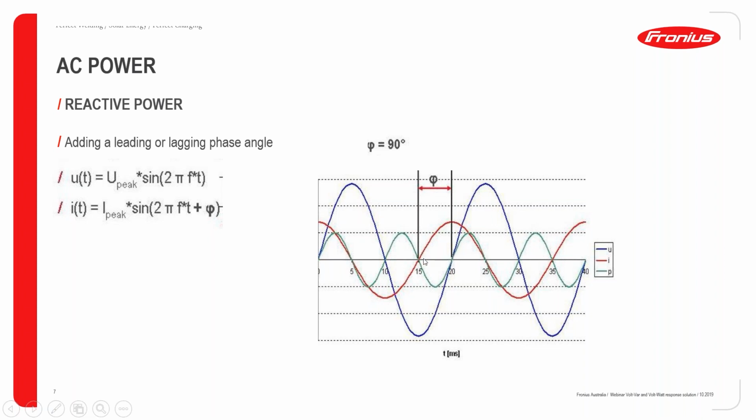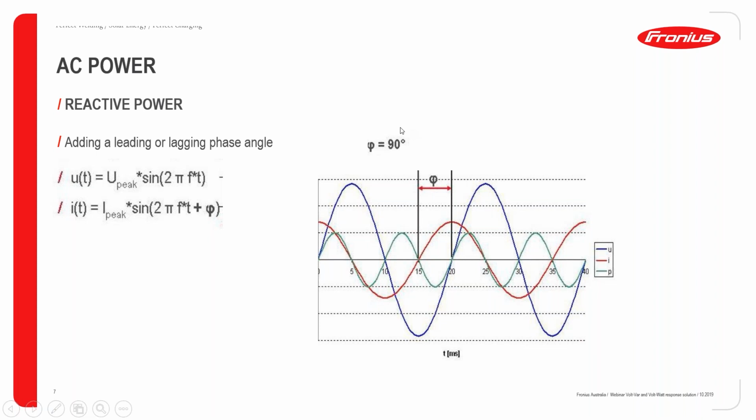As you can see, the current waveform is hitting this point before the voltage waveform. So in that case, we can say that we have a leading power factor of 90 degrees. The power factor can sometimes be represented in terms of degrees, or it can also be represented as 0.8 leading or 0.9 lagging.